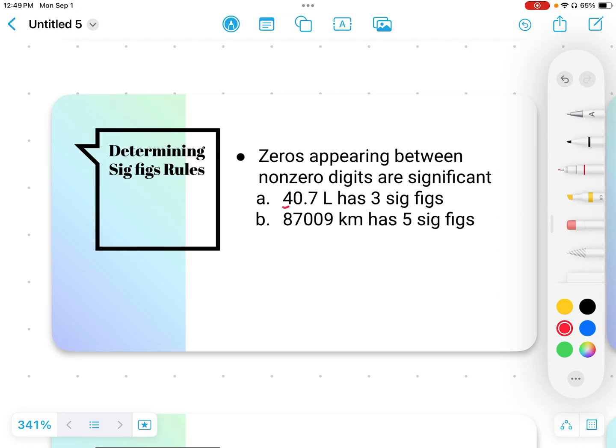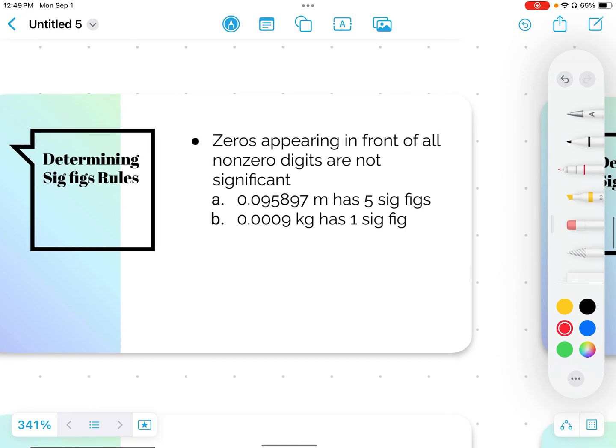So we would have 1, 2, 3 sig figs. Looking at B, we have 87009. These zeros are sandwiched between 7 and 9, and so they automatically become significant. So we have 1, 2, 3, 4, 5, so we have 5 sig figs in that number. Again, all because they're sandwiched between two numbers.